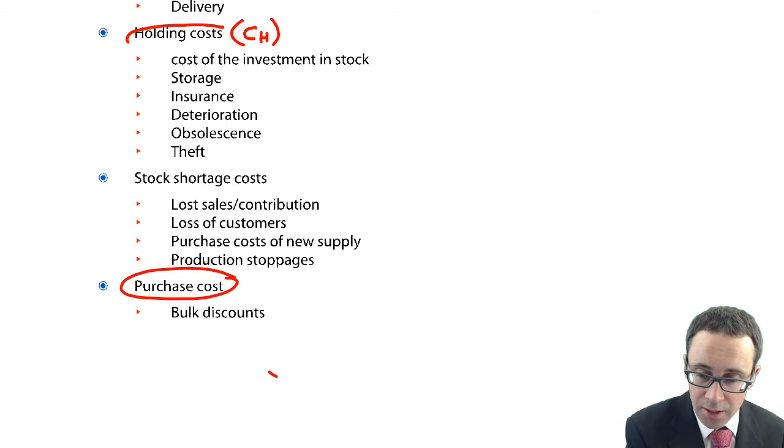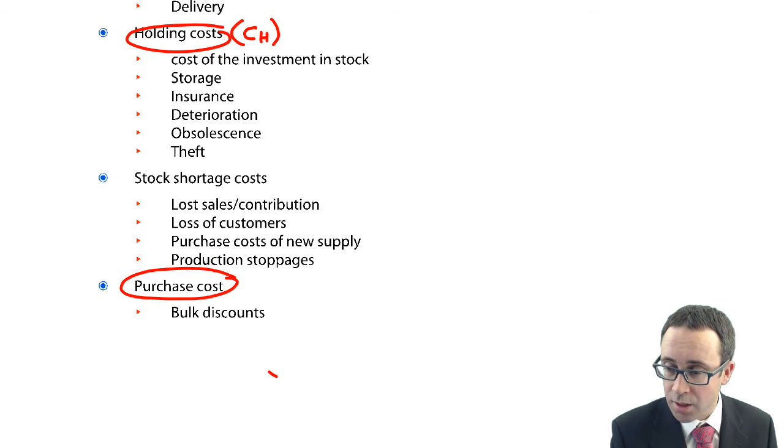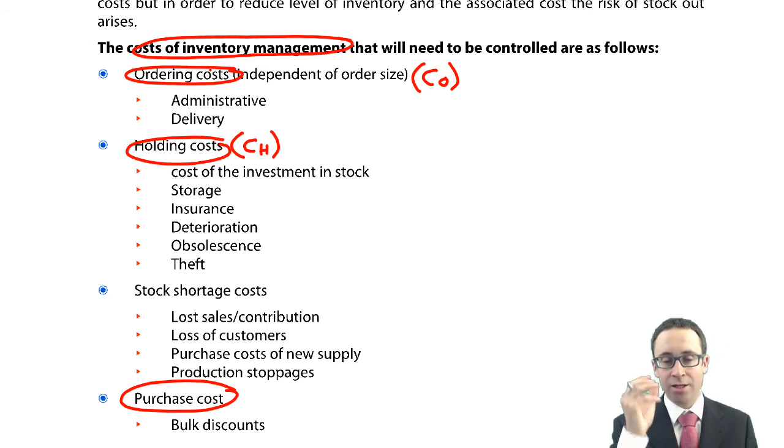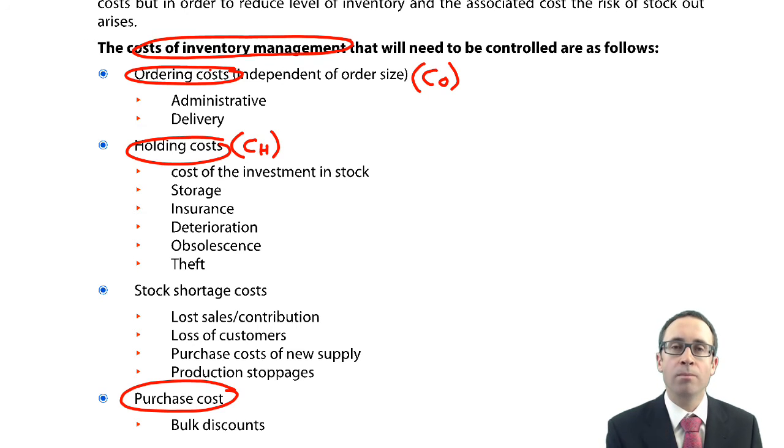We're going to consider your holding costs, and what we're also going to consider is your ordering costs. And what we're going to try and do is calculate an optimum quantity to order that will ensure that we have minimized our overall costs.